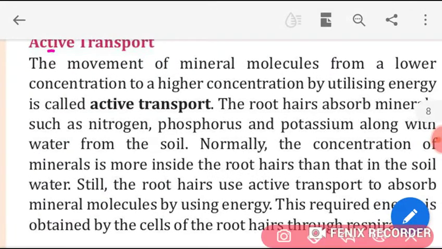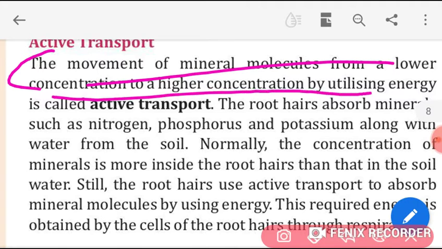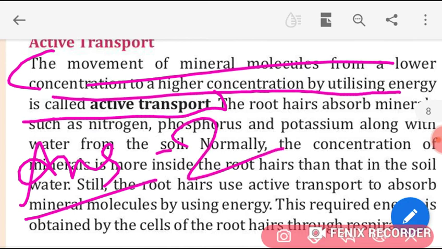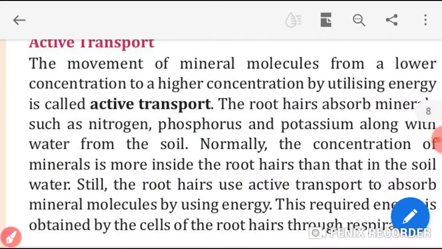The movement of mineral molecules from a lower concentration to a higher concentration by utilizing energy is called active transport. Students, this is answer number 2.